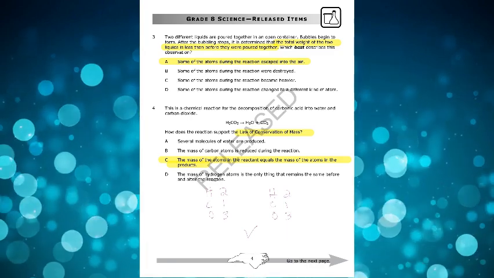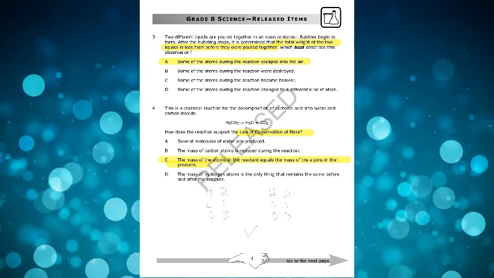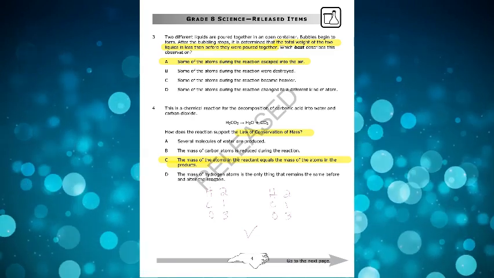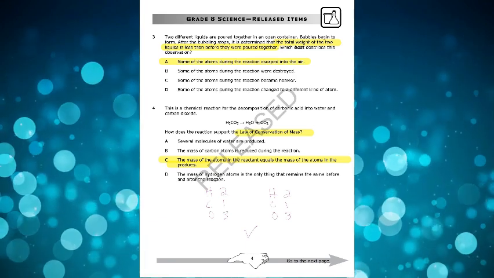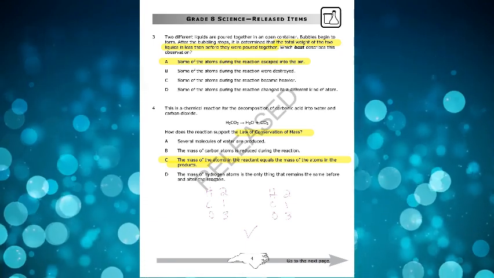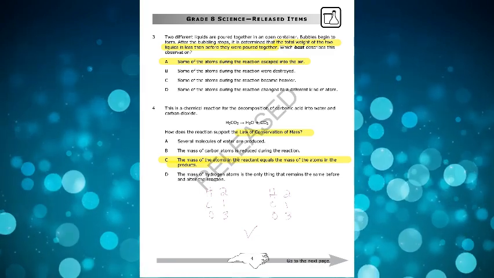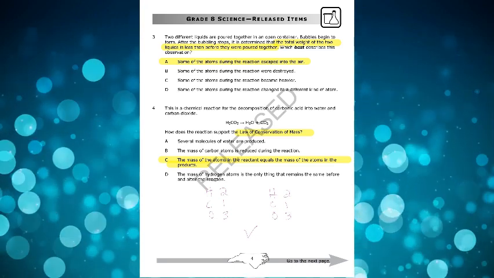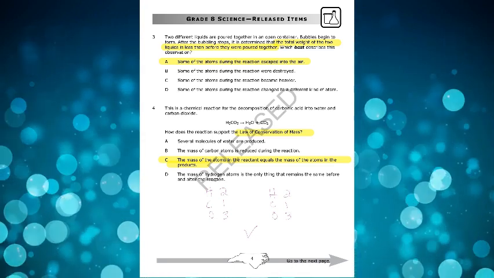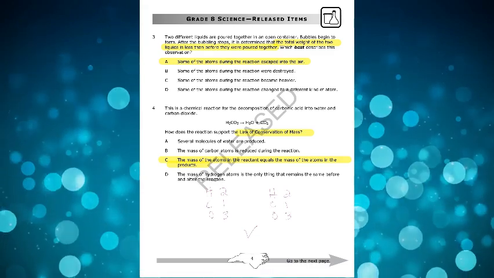If they are balanced, then that means the law of conservation of mass is true, that you have the same amount of mass on both sides. So for that case, C is the answer. The mass of the atoms in the reactant equals the mass of the atoms in the product. So what was on the left was what was on the right, basically.